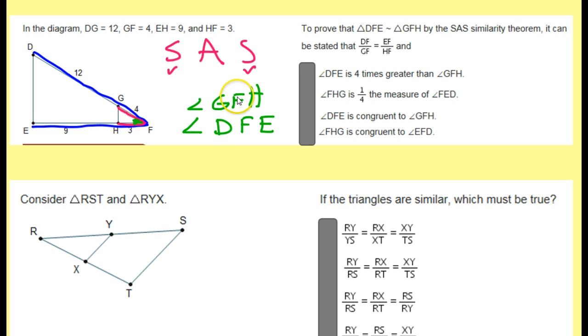The key is to look for the F to be in the middle, because that's what makes it angle F. So to prove it, it can be stated that this is true, and we need these two angle F's to be congruent to each other. So DFE, see how we have F in the middle, so that looks good. And then GFH. That's just like what we were talking about. So this is going to be the answer.